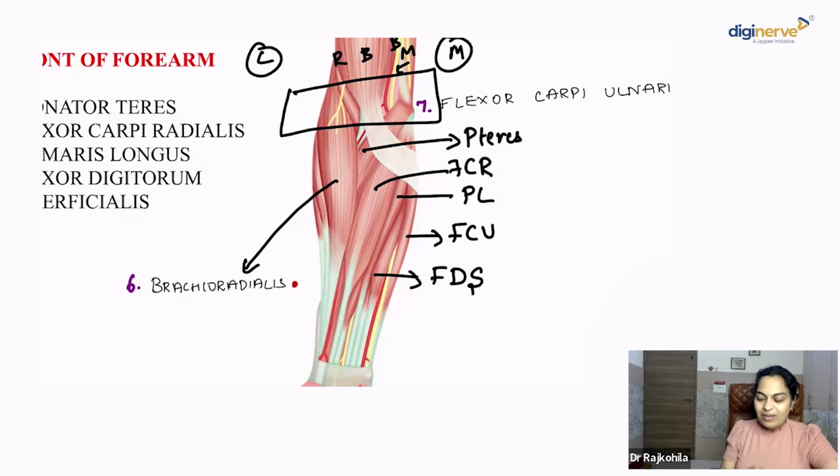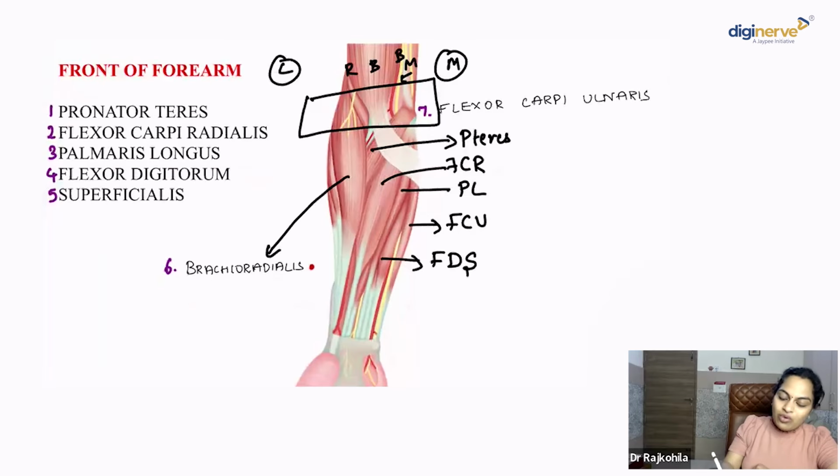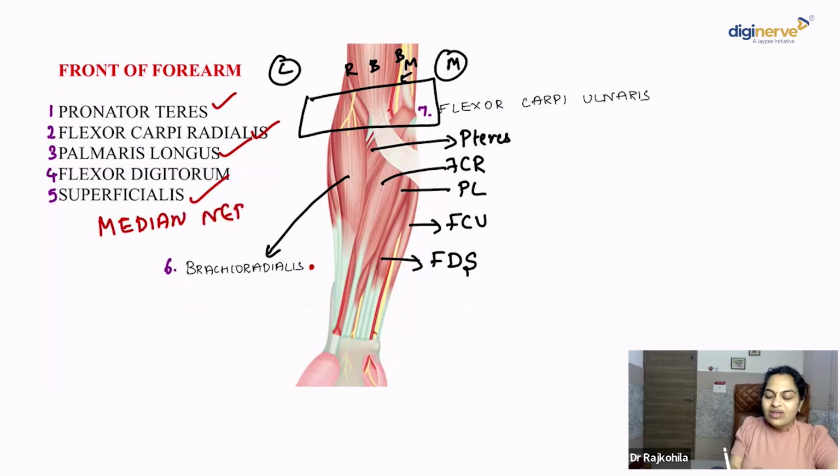Talking about their nerve supply, pronator teres, flexor carpi radialis, palmaris longus, and flexor digitorum superficialis are all innervated by the median nerve. Flexor carpi ulnaris is innervated by the ulnar nerve. What about brachioradialis?